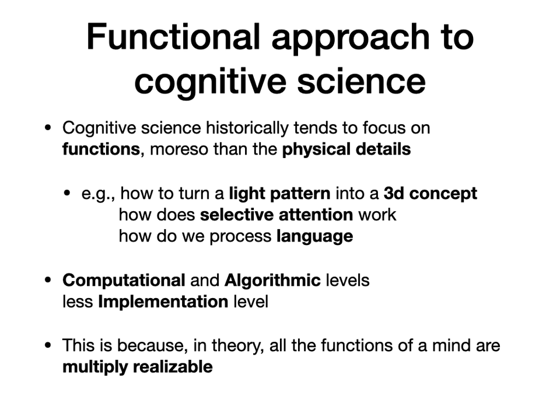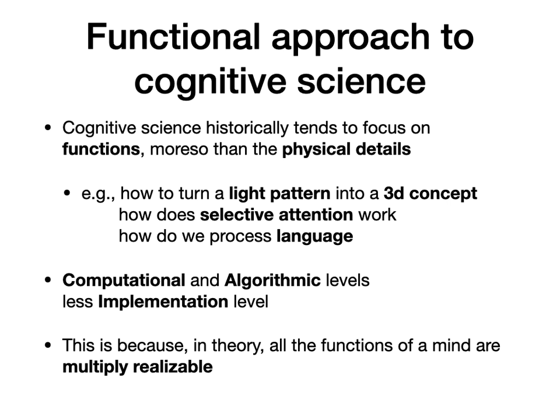What is the function of selective attention? When does it fail? When does it succeed? What's surprising about that? That's a specific function that the brain has. Language is a very complex and robust function of the brain. So these are computational, algorithmic questions, and less about the implementation level.